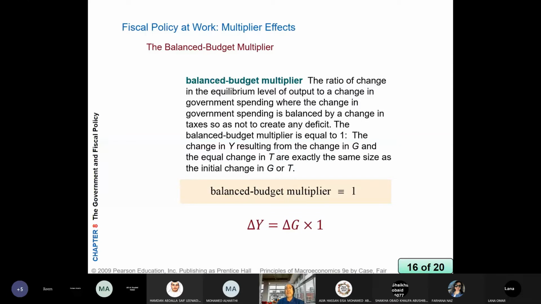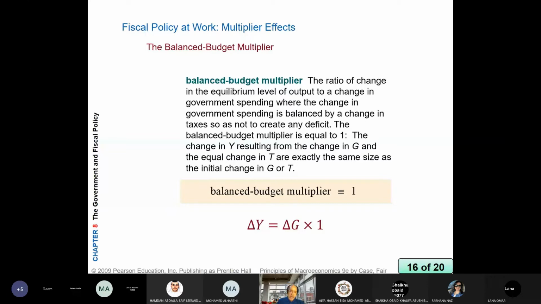Because an increase in taxes will not decrease aggregate expenditure by 100. Aggregate expenditure will decrease by less than 100. So the change in taxes times the marginal propensity to consume. So consumption will decrease by less than 100 if taxes increase by 100.